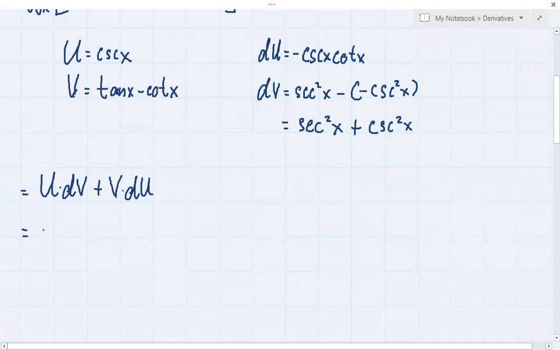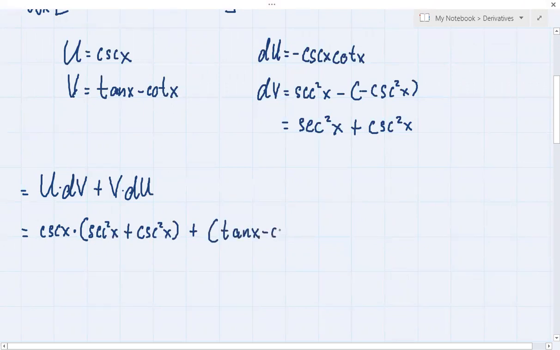Now let's start with your u. So yung u natin ay cosecant x times si dv or derivative ng v, which is si secant squared x plus cosecant squared x plus si v, which is si tangent x minus cotangent x times si du or derivative ng u, which is negative cosecant x times cotangent x.